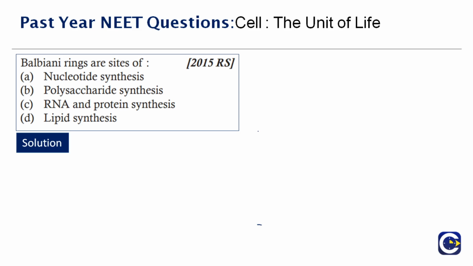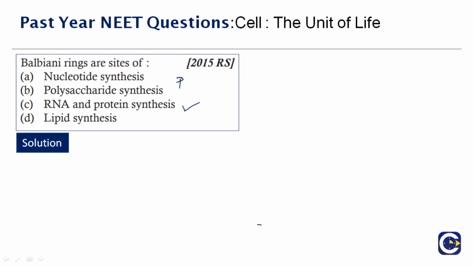It is present in the tentans, and these puffs are particularly well suited for studies of the structure of the active genes and the synthesis and transport of specific RNA, a specific RNA protein. So RNA and protein synthesis will occur in Balbiani rings. Okay, so Balbiani rings are the sites of RNA and protein synthesis. It is option C, which is the right answer.